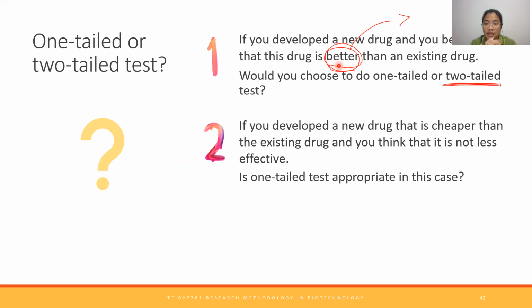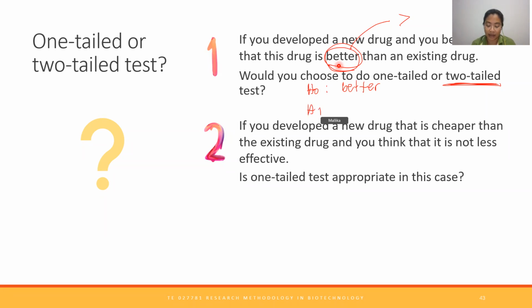That means that in this case, your null hypothesis will be the existing drug is better, and the alternative hypothesis is equal. Hold on. In this case, the H0 is saying the drug is better, because you believe that it is better.